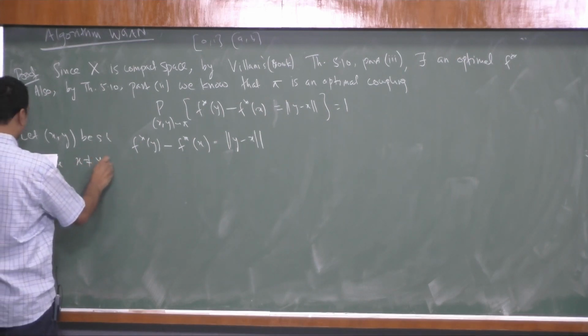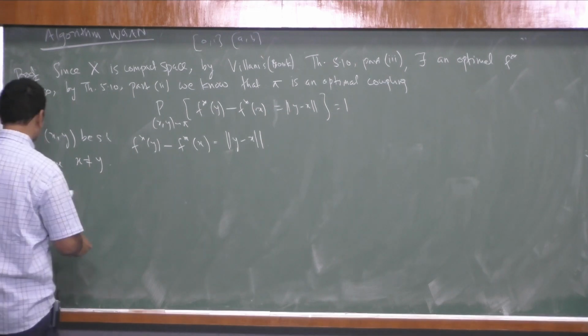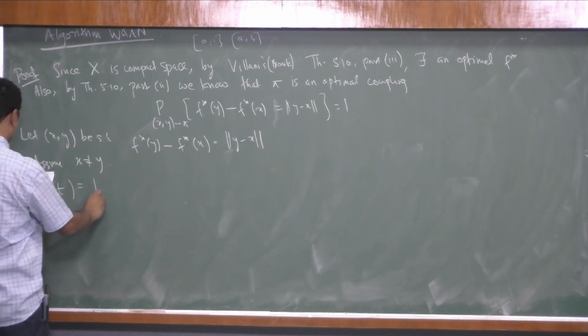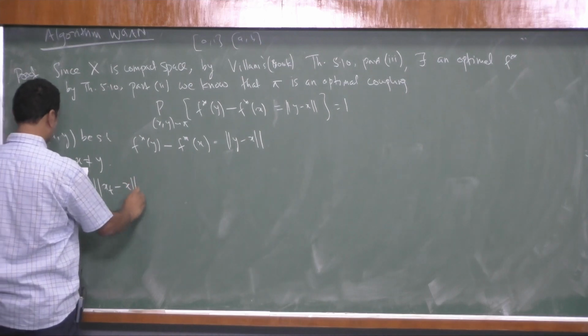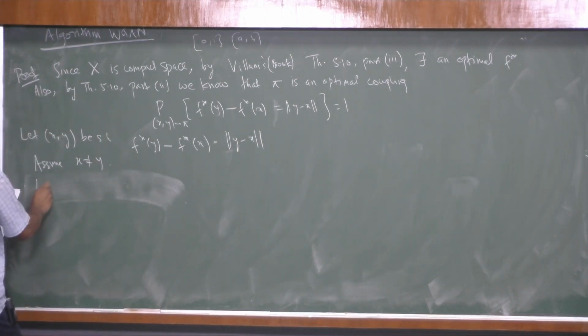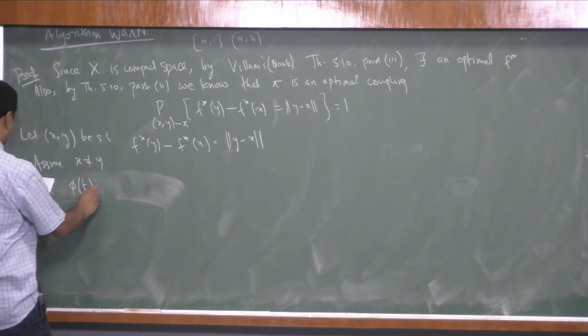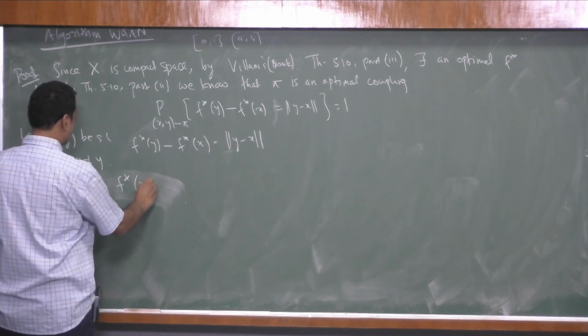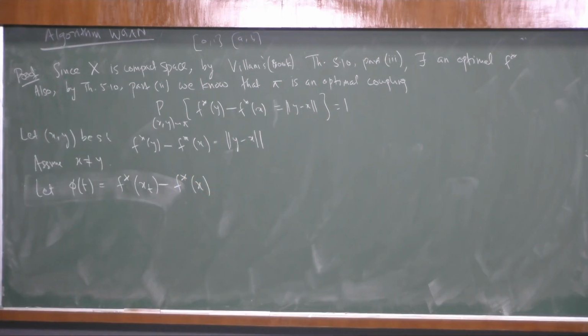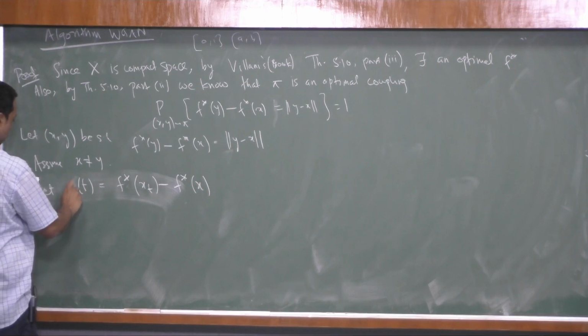So assume x not equal to y, and let us construct phi t, or in fact psi t, which is norm of x_t minus x. The first was actually phi t, but the next line was, so let psi t be f star x_t minus f star x. I made a mistake already, so everywhere it's psi, and there is no phi anywhere.